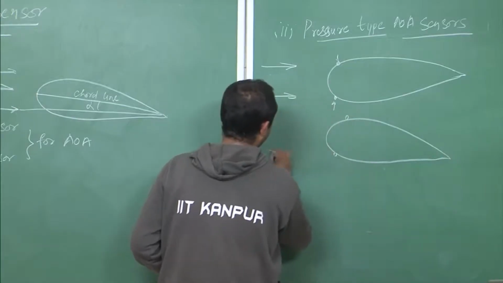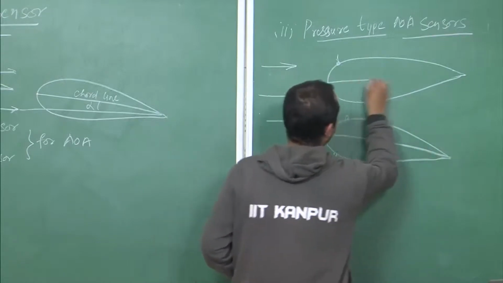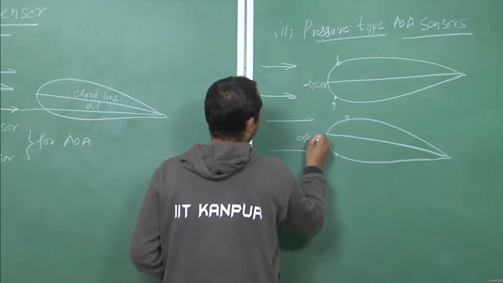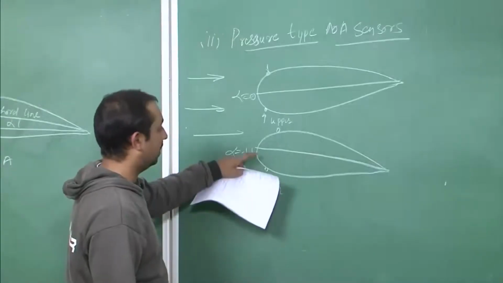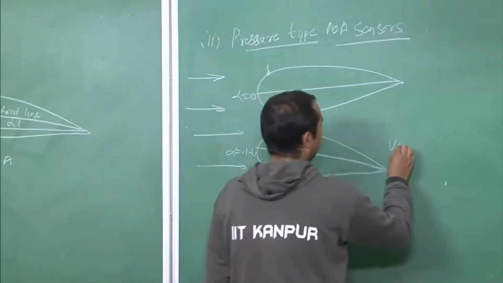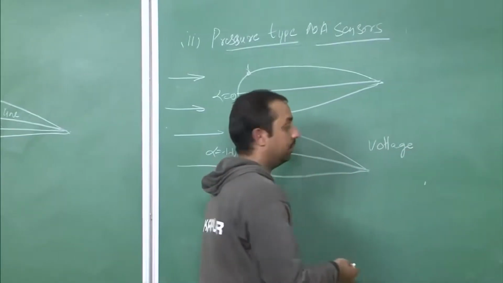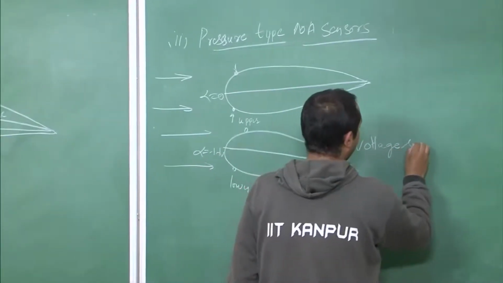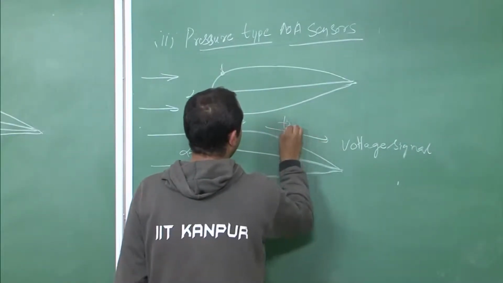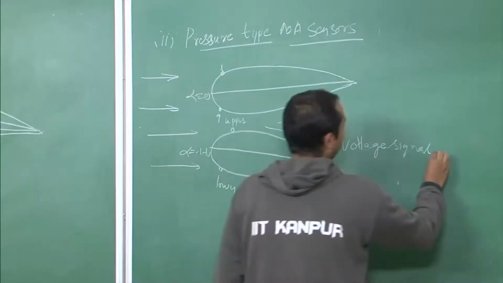This pressure difference can be transformed into a voltage signal using transducers, and that voltage signal can be calibrated for angle of attack. So these are two types of angle of attack sensors.